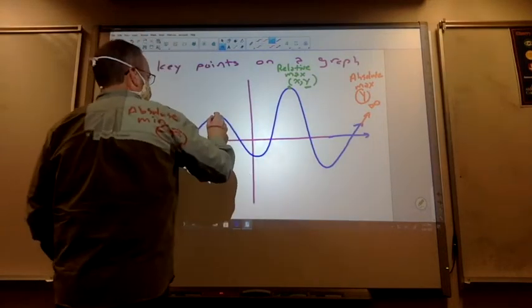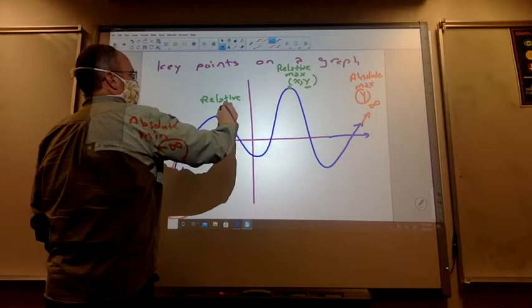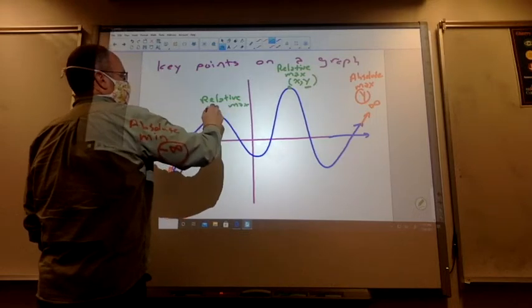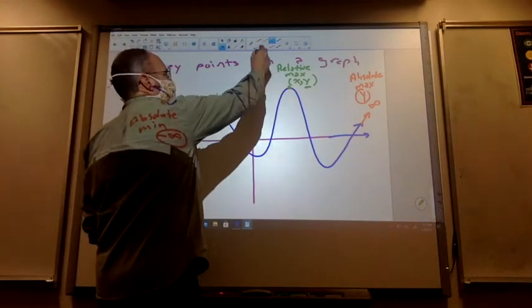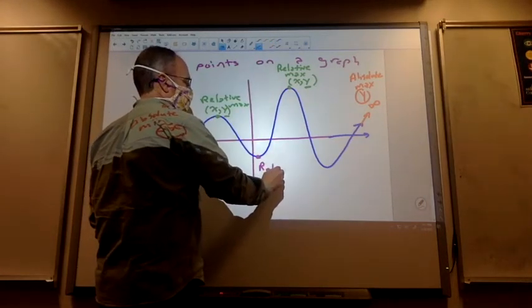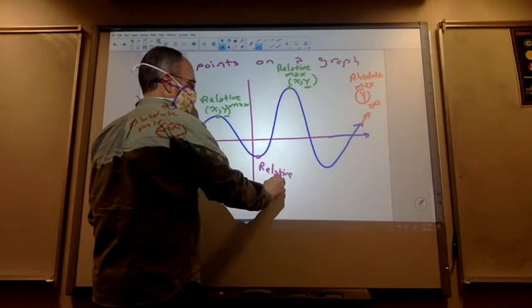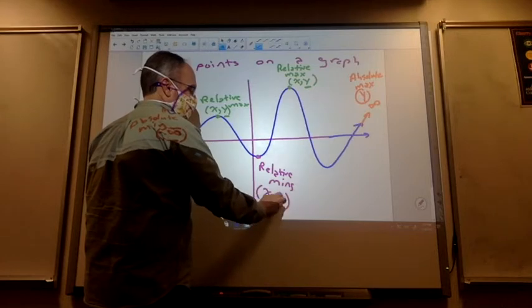You also have a relative max here. And again, that's a point x comma y in which we're going to look at the y value. And then these down here are called relative mins. So you have an x and a y in which you focus on the y value.